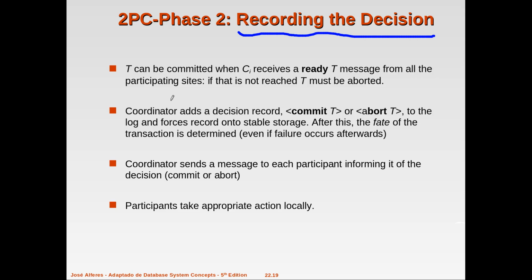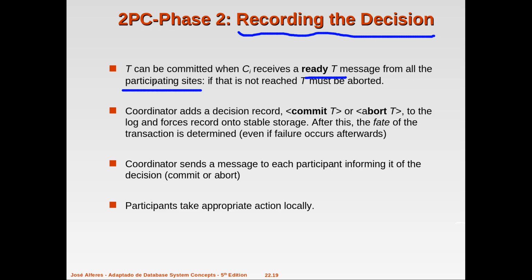So now T can be committed when the transaction coordinator receives a ready T message from all the participating sites. That is an important thing. Assume that 4 sites are participating, 3 sites are sending ready T, and 1 site is sending abort T. That cannot be committed.